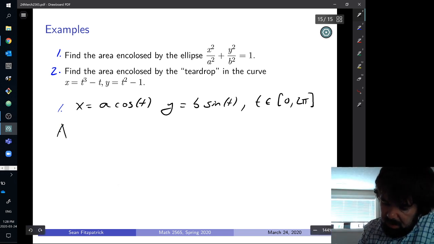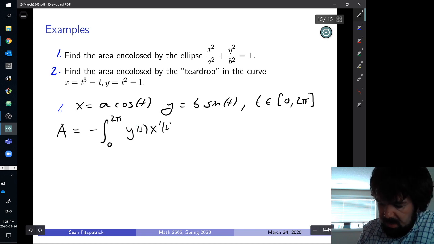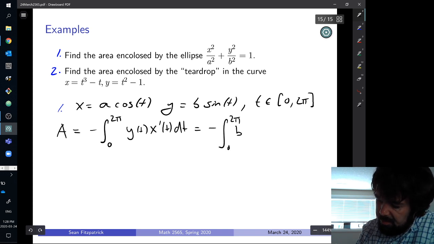The area would be minus the integral from 0 to 2 pi of y of t, x prime of t, dt. So that's minus the integral from 0 to 2 pi of b sine t.